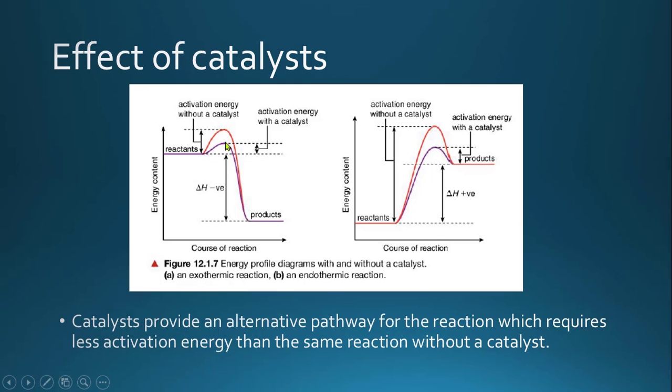It's just this very tiny change you need to make in the graph, right? So you always put the original graph without the catalyst, and you include the activation energy with the catalyst. Again, same thing for this one. This is without a catalyst, the red line, and the purple line is with a catalyst.